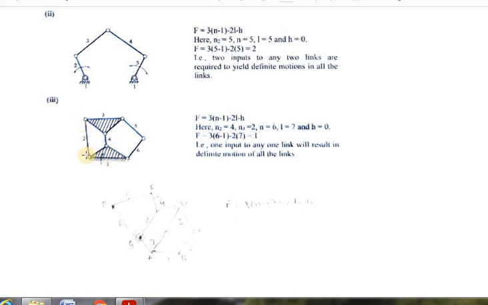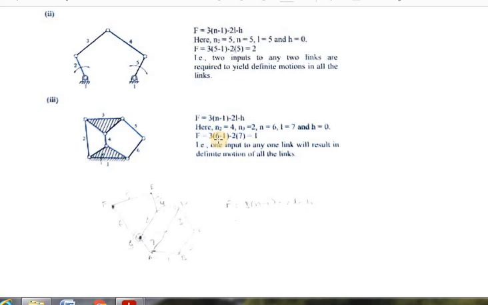This is link number 2, and link number 3 is this shaded area. This triangle is completely considered as link number 3. This is link number 4, this is link number 5, this is link number 6. So n is equal to 6. In total there are 6 links.